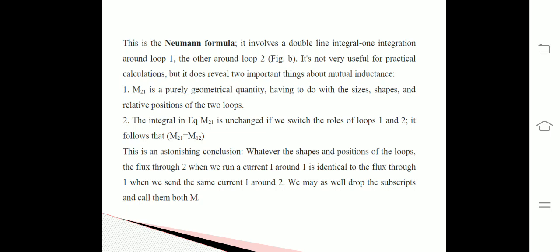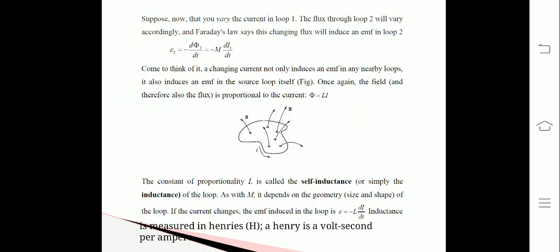So we may as well drop the subscripts and call them both M. Now by applying Faraday's law, the changing flux gives epsilon 2 equal to minus d phi 2 by dt, which is equal to minus M dI1 by dt.